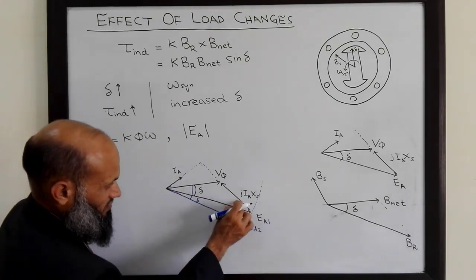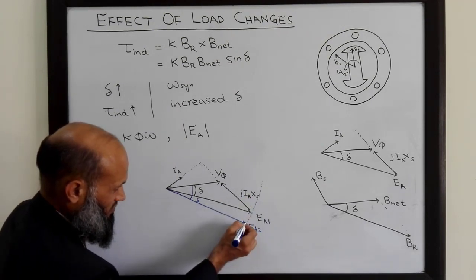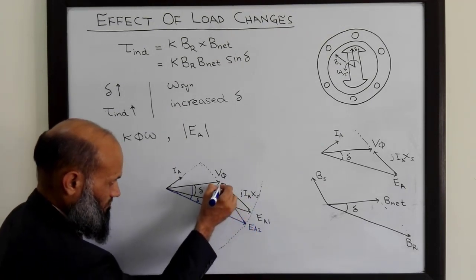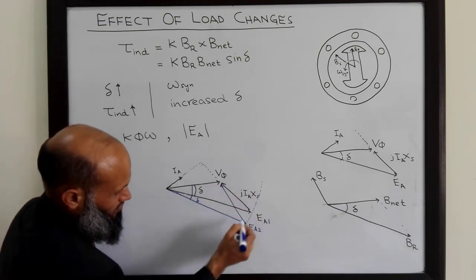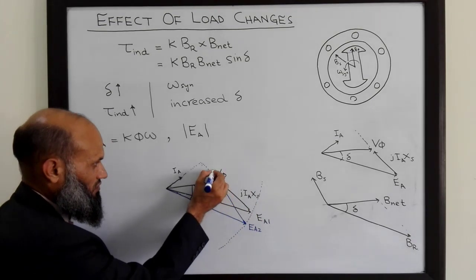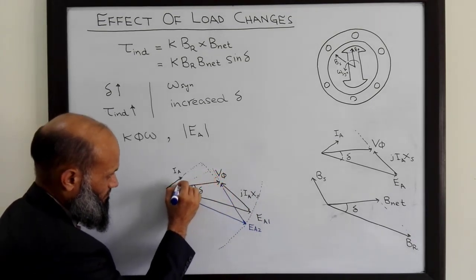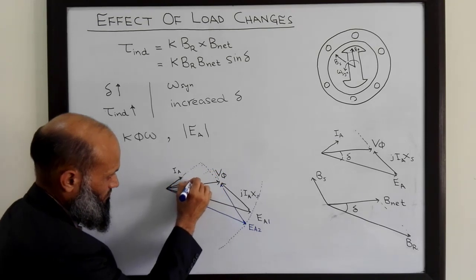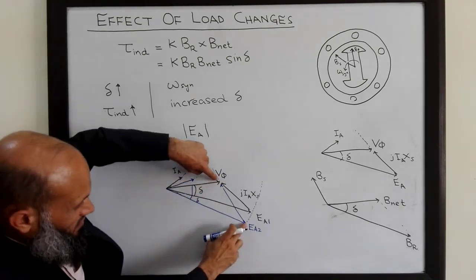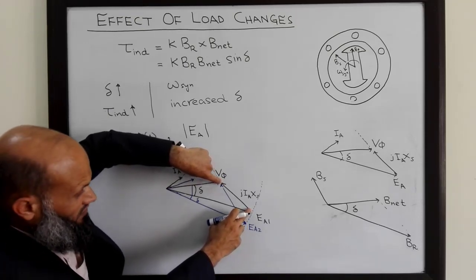So for the phasor corresponding to the new situation, we have this, and then perpendicular to it is the armature current. What we see is that the length of this vector is larger than the length of this vector.